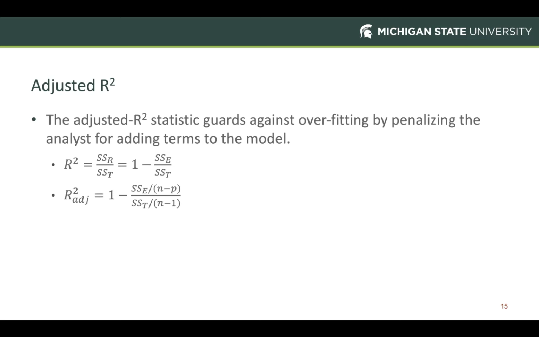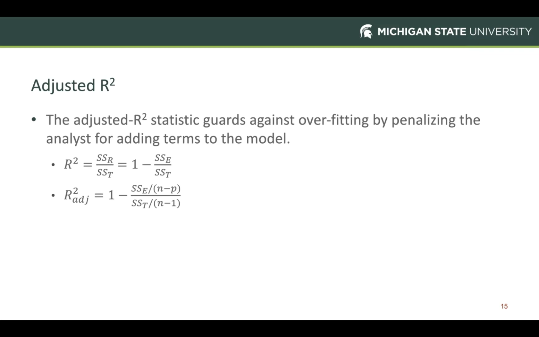Now, interestingly, what we'll tend to see is that as we add variables to our model, R squared is always going to increase. And so as a consequence of that, we're somewhat concerned with adding variables to our model that don't add any meaningful contribution or do a sufficient job of explaining the variability in our dependent variable y.